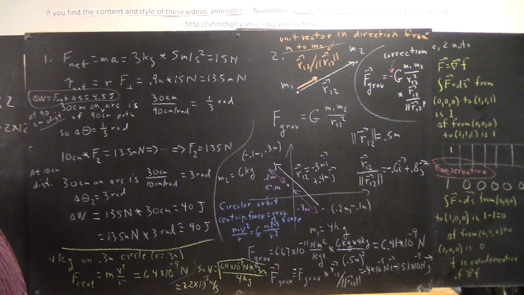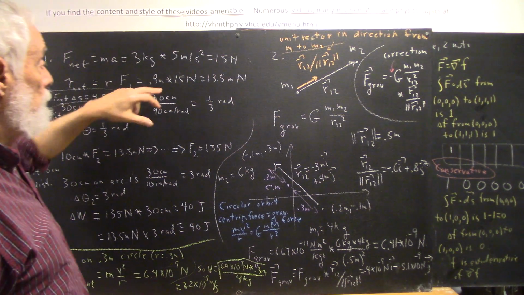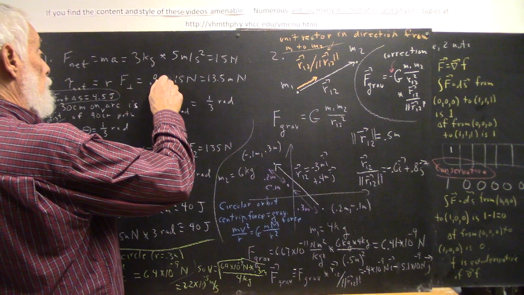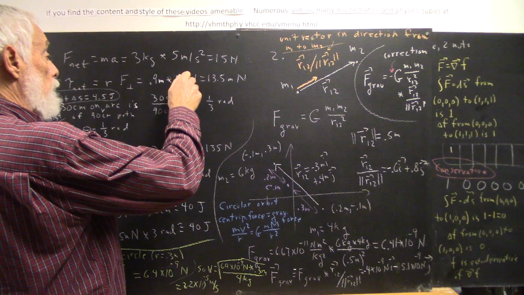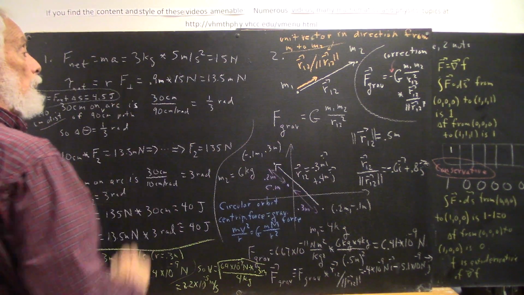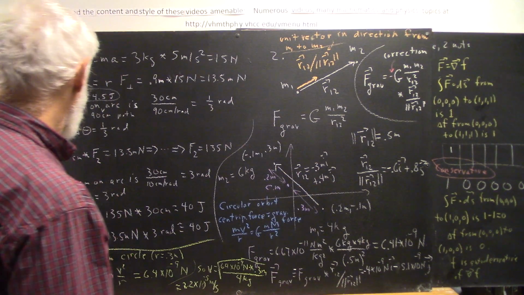So, in any case, the net torque on this object is 0.9 meters times 15 newtons. It's 0.9 meters from the axis of rotation, and the force we just found to be 15 newtons. So that's a 13.5 meter newton torque.